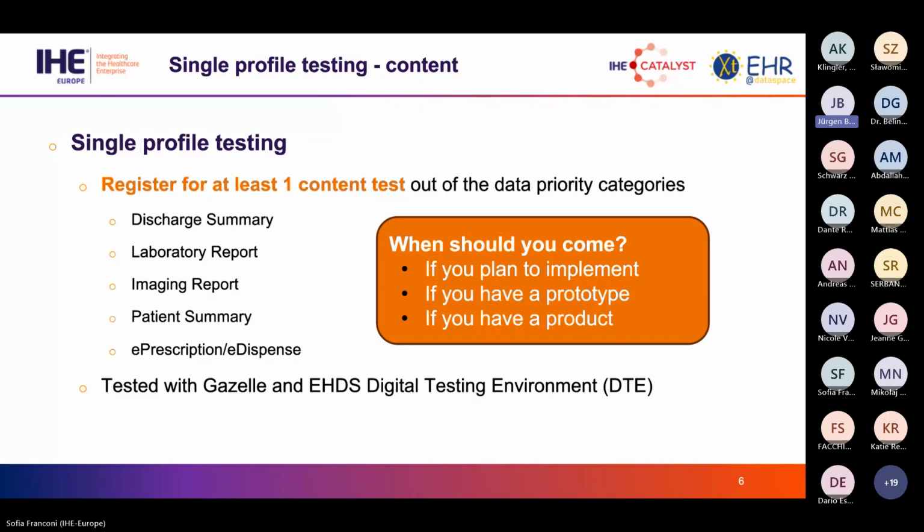There are discharge summary, laboratory report, imaging report, patient summary, and e-prescription, e-dispense FHIR implementation guides available. And it's a priority for the European Commission that those are put to test.